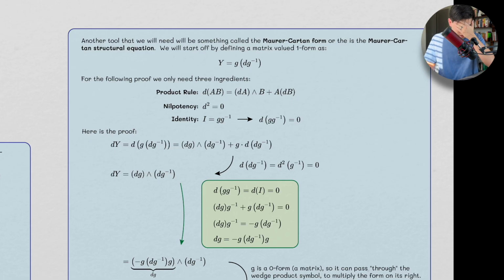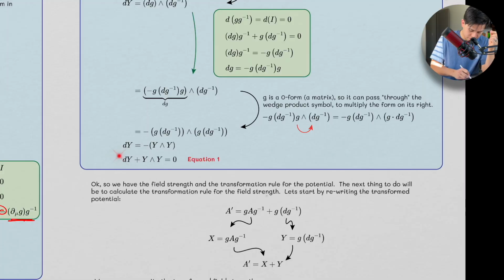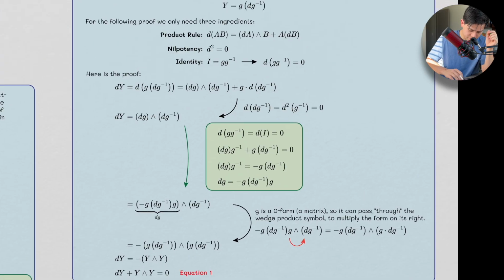And to do that, again, I apologize for my pronunciation if I'm getting this wrong, but another tool that we're going to need to do this is to invoke something called the Maurer-Cartan form, or the Maurer-Cartan structural equation. That structural equation is going to be this thing right here, but let's derive this, right?